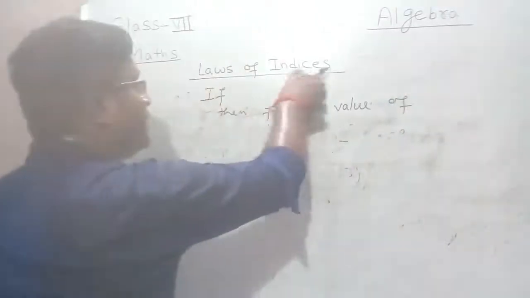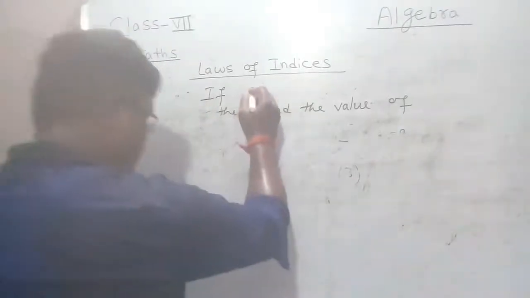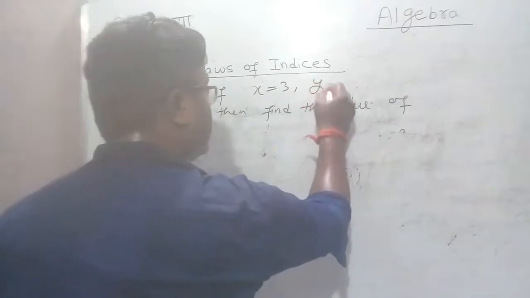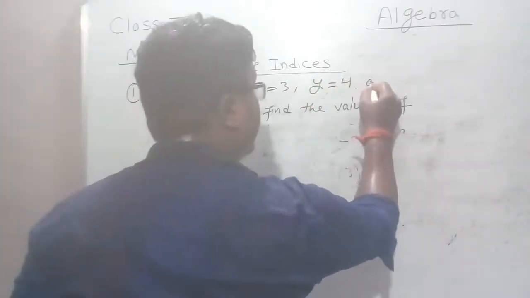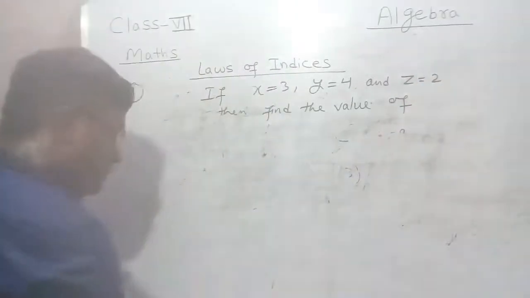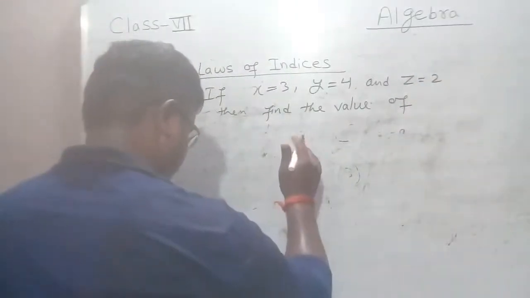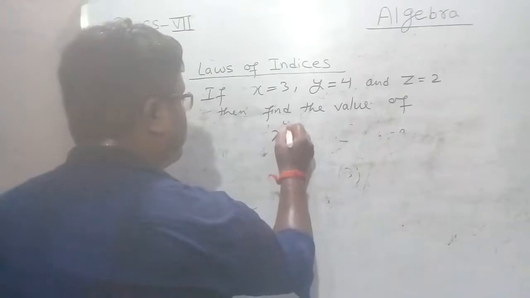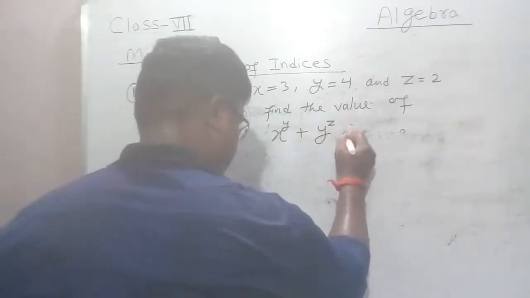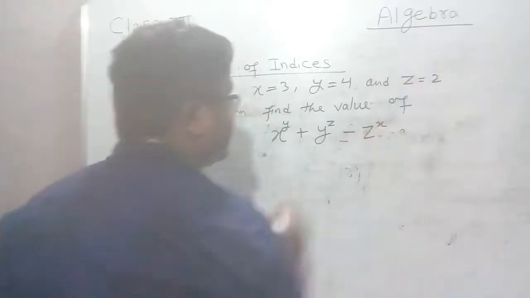So for practice, your question number 1 is, if x is equal to 3, y is equal to 4 and z is equal to 2, then find the value of x to the power y plus y to the power z minus z to the power x.